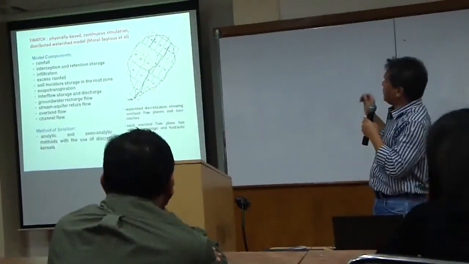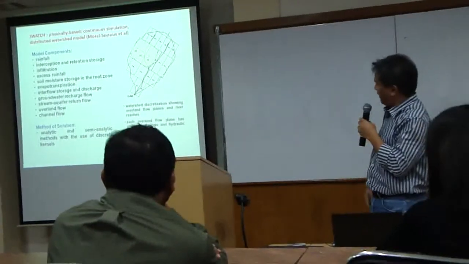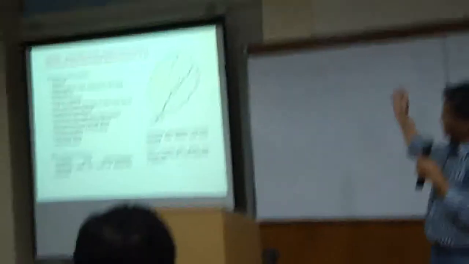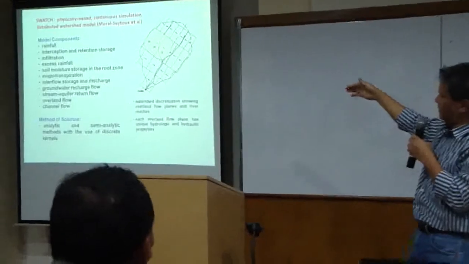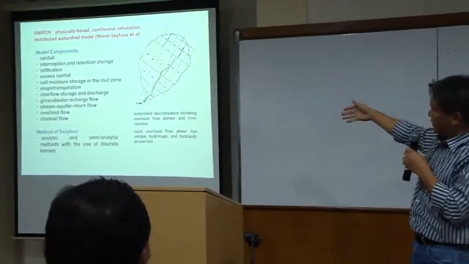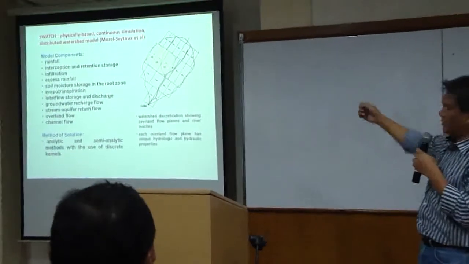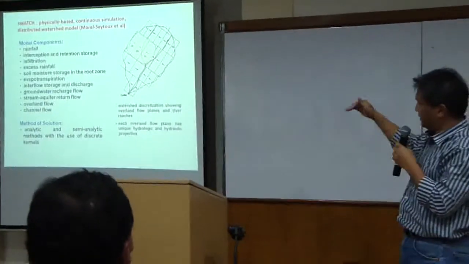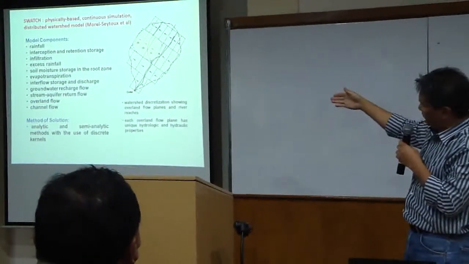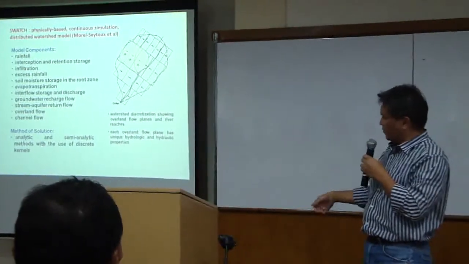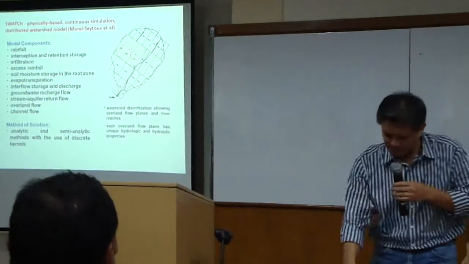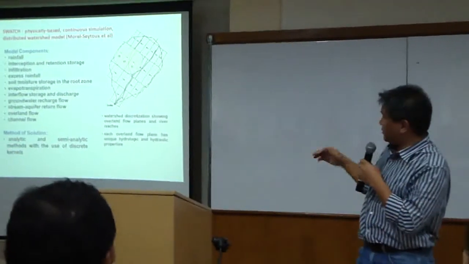So the watershed model is quite physically based, with all these components from rainfall, interception, infiltration, and then you get some excess rainfall, which can go to the overland flow plane, and then from the overland flow plane to the channels, and then all the way to the groundwater, and then it could come out later on downstream. It's also quite an efficient model.